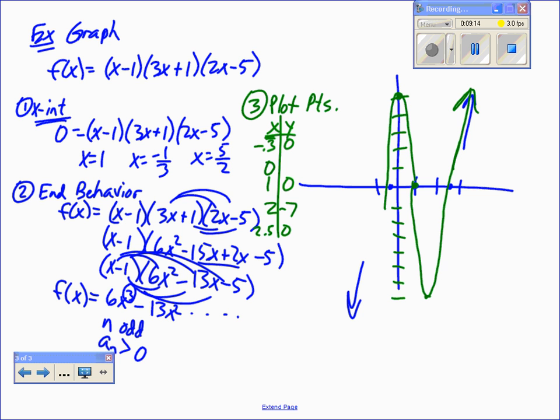If we had calculus, we could find those mins and maxes very nicely using the derivative, but that's kind of what it looks like here. And of course, the more points you put in, the better this thing looks. And I would be using my calculator to help me to point plot in this case anyways. That would be appropriate. Okay, so that's it for this section on analyzing graphs of polynomial functions. Thank you.